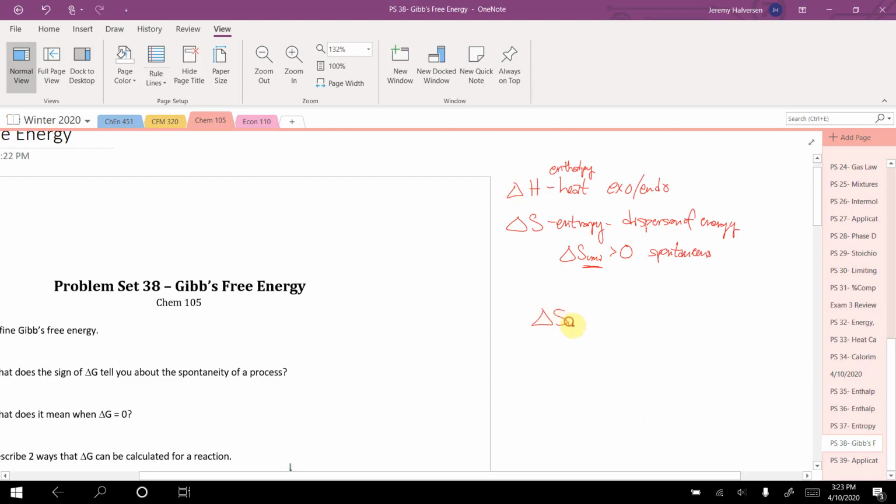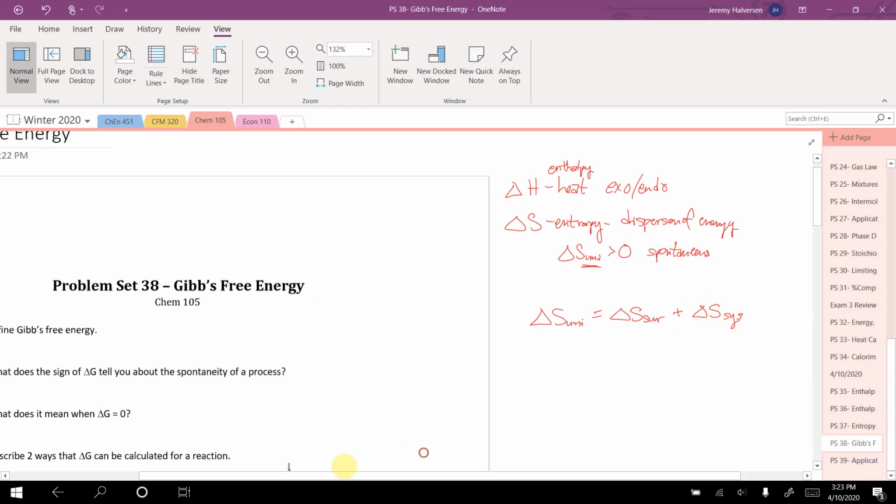Okay, so let's do that. We know that delta S of the universe equals delta S of the system plus delta S of the surroundings. And I'm actually going to rearrange it: delta S of the surroundings plus delta S of the system. So we're going to make one change here.